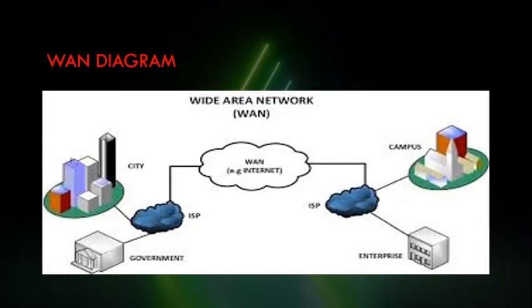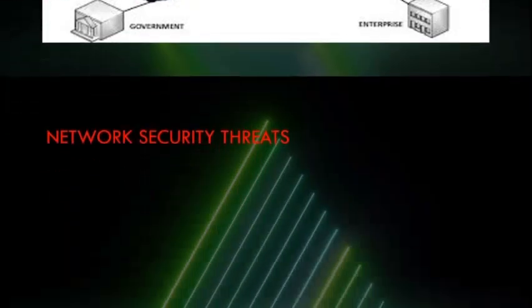This is a diagram: the city, the government office under the city, and the ISP providers, all connected together. This is a very basic diagram of the WAN.